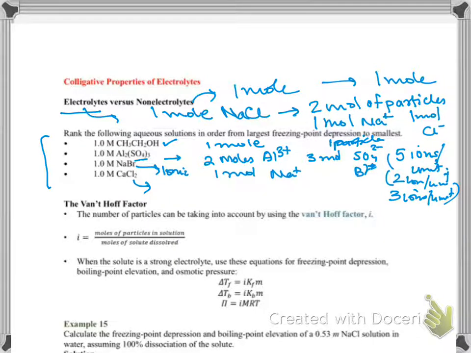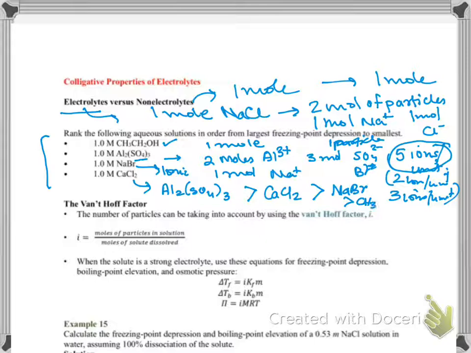The more you add, the more will be the depression. So 1 molar aluminum sulfate freezing point will depress most, then 1 molar calcium chloride, then sodium bromide, and the last alcohol.